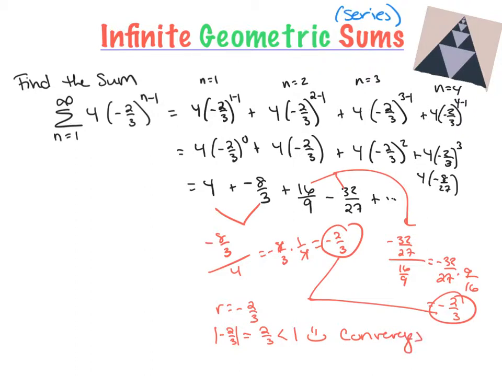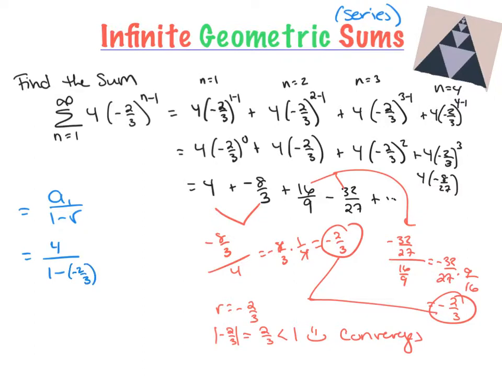And since it converges, we know it converges to a1 over 1 minus r. Okay, so a1 is our first term. That first term was 4. 4 over 1 minus r. We found out r is negative 2/3.